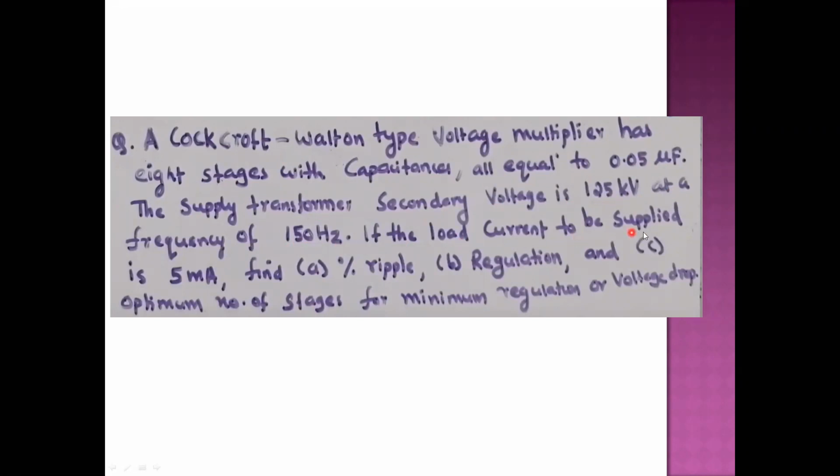The load current to be supplied is 5 milliamps, I is equal to IL is equal to 5 milliamps. Find first the percentage ripple, second the regulation, and third the optimum number of stages for minimum regulation or voltage drop. It's clear.